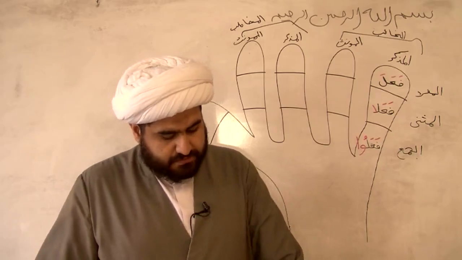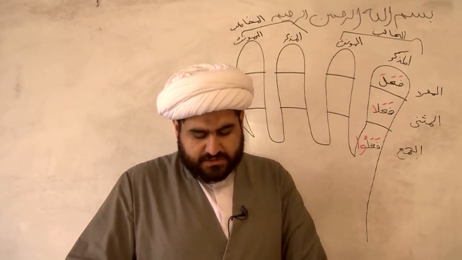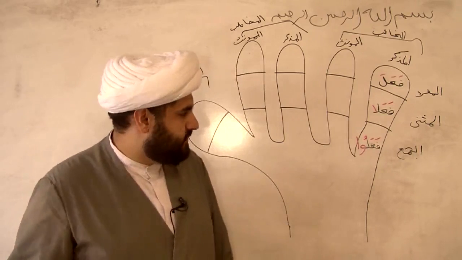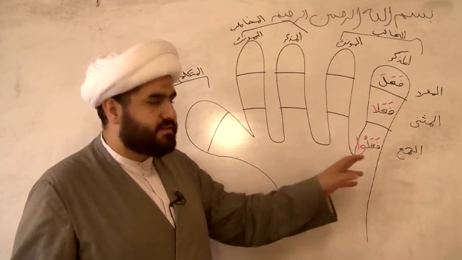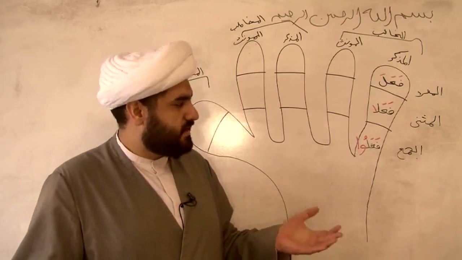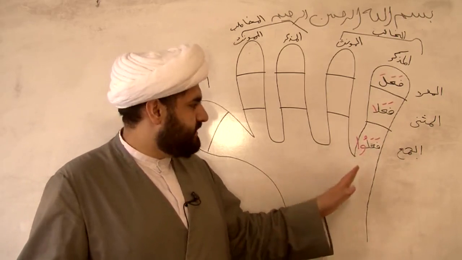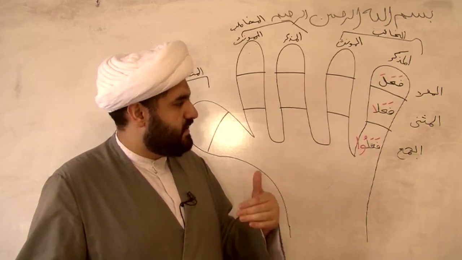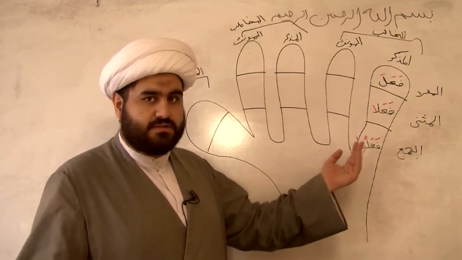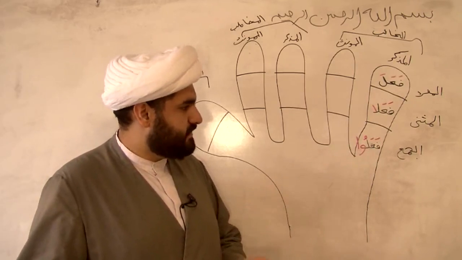Its sole purpose is to separate the verb from any word that may follow it. This alif is called the separating alif, or alif al-fasila. So this alif has no meaning. It is not pronounced and it does not indicate anything. It is just written to separate this verb from the next word that comes after it in the sentence.